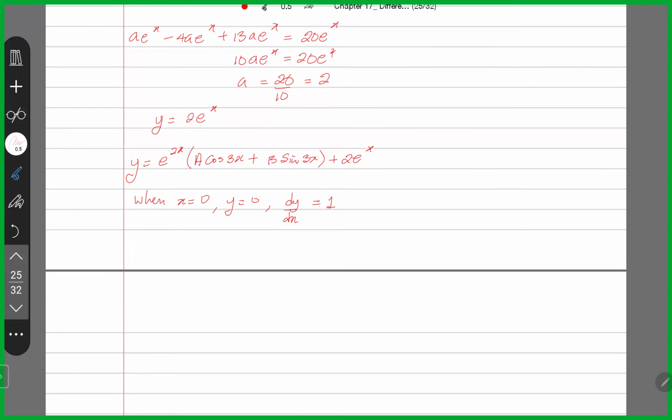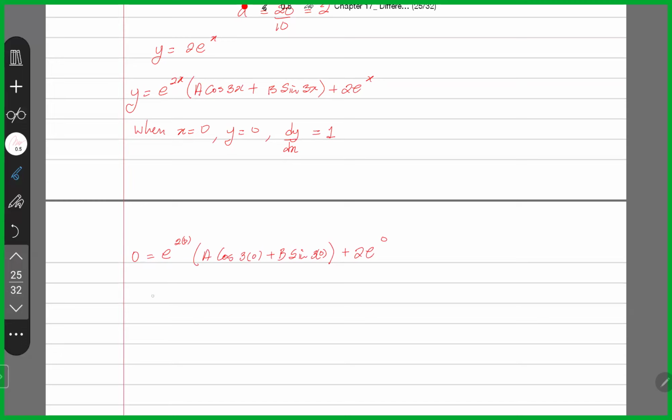So let us substitute both x and y to be 0 to see what we get. So we get 0 is equal to e 2 times 0, open bracket a cos 3 times 0 plus b sine 3 times 0 plus 2e to the 0.